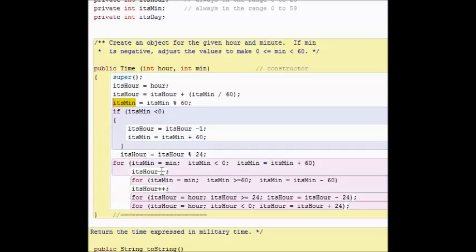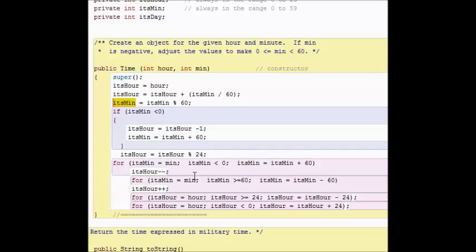And then it would be pretty much the same as this right down here. You put in if its min is less than 0, or its min is greater than its min plus 60, then you decrement the hour. So in this particular instance, you're doing what? The total minutes.